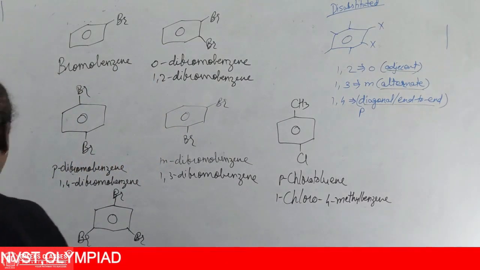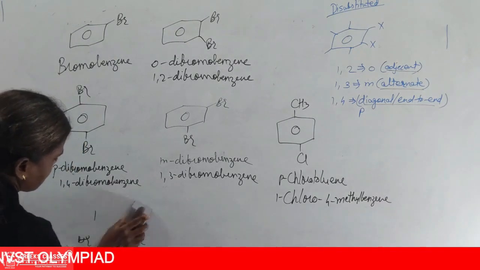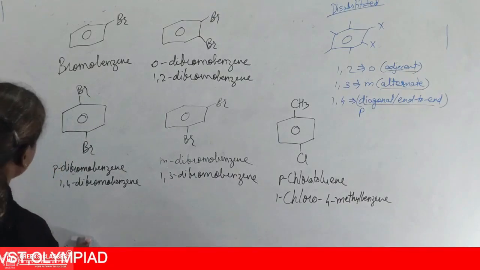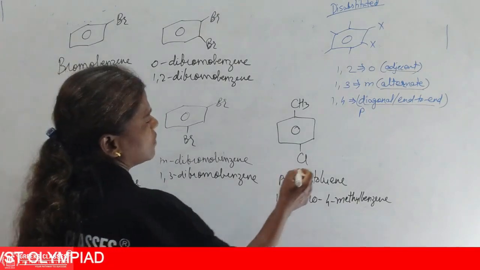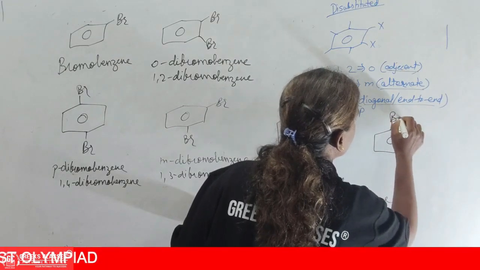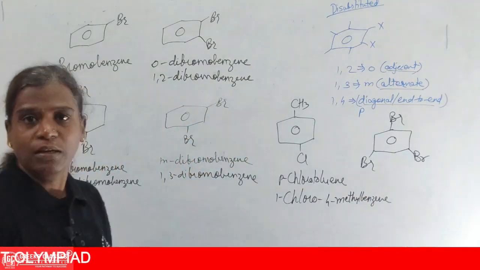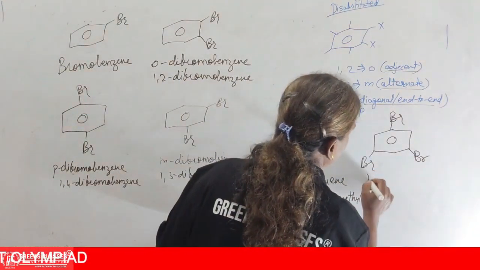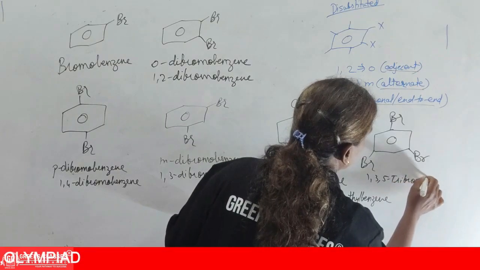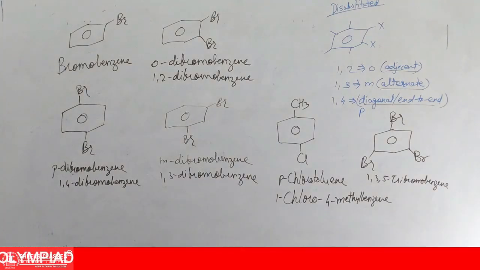I should not write it like that since it is not visible, so I will rewrite this one. See the compound that I am redrawing here, you can see there are 3 bromines. Then it is 1,3,5-tribromobenzene. Okay, hope it is clear now.